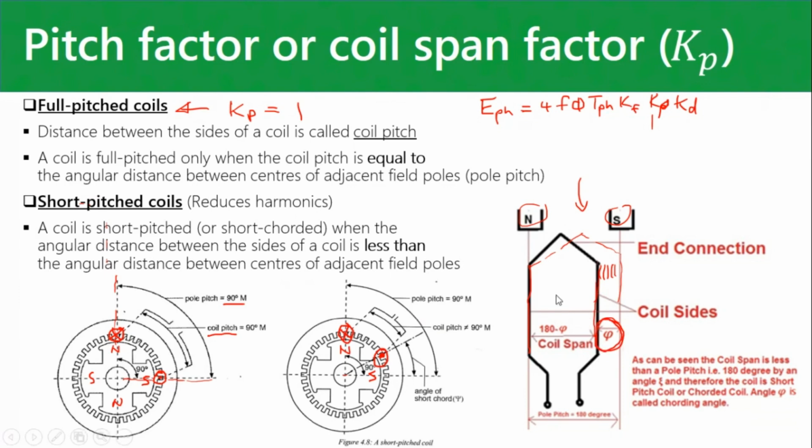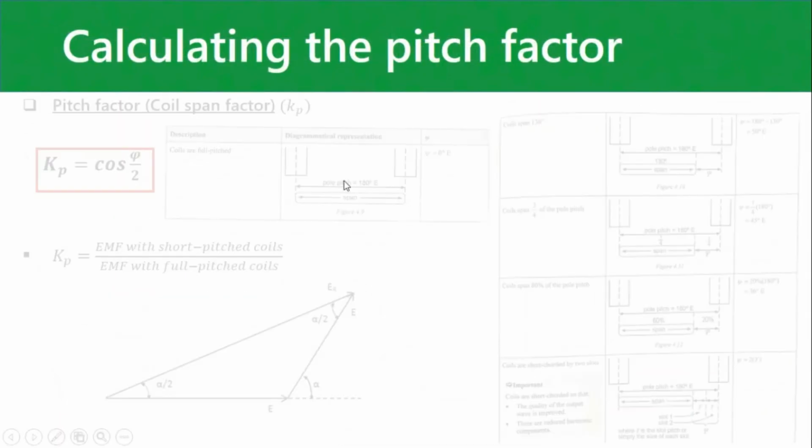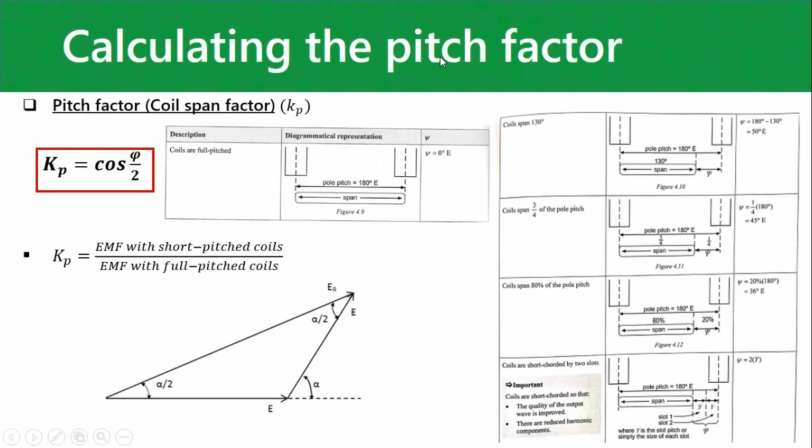But the thing is that when we do that, we lose a little bit of the EMF. So we have to put a multiplier in here that tells us how much EMF we get. So it'll always be a fraction, 0.95 or something like that. All right. So then, once we know what this angle is, okay, there's the K_p equal 1. It's full pitch.